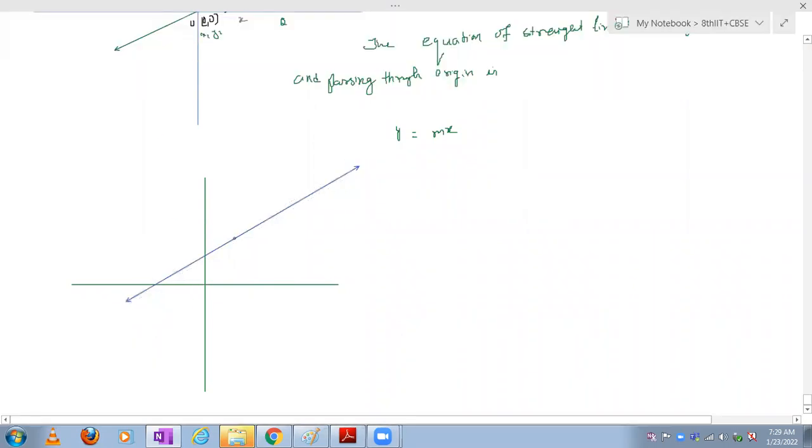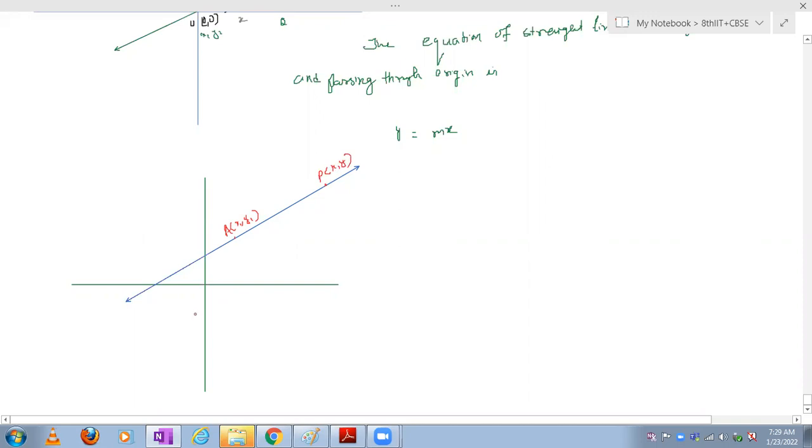Suppose this straight line is passing through x1, y1, and take any point on this line. Suppose I take any point randomly. This is x comma y.